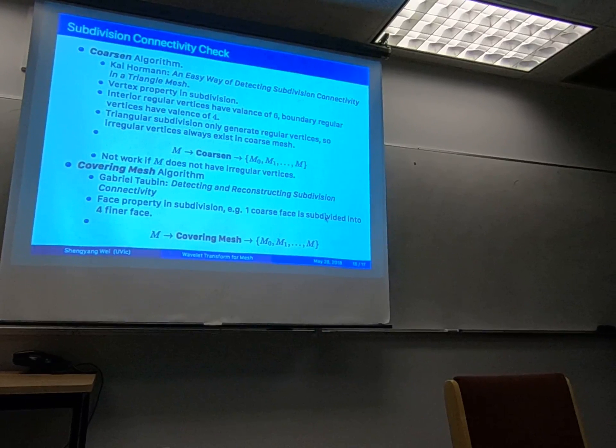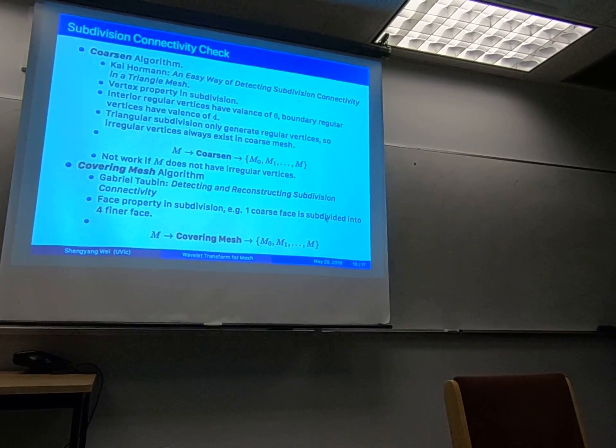The first algorithm is the coarsen algorithm, proposed by Kai Holman. It's derived from the vertex property in subdivision. In subdivision, interior regular vertices always have a valence of 6, and boundary regular vertices always have a valence of 4.